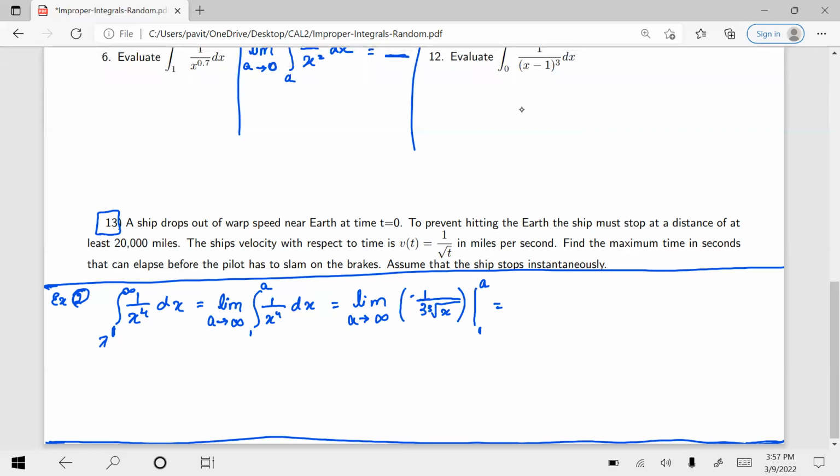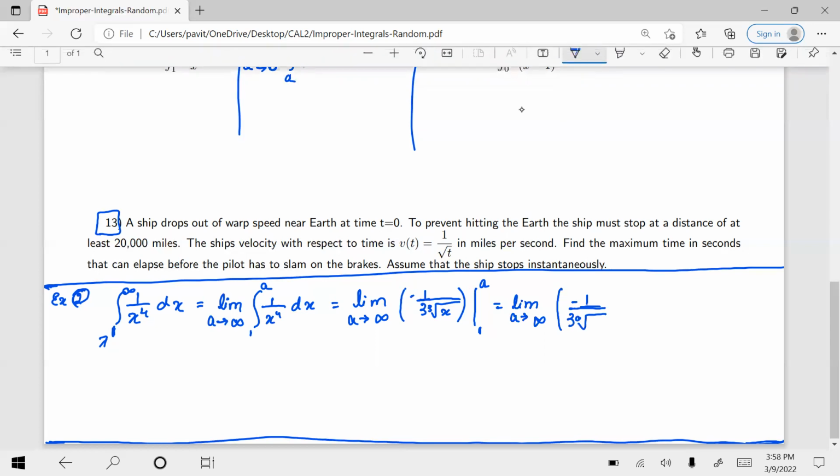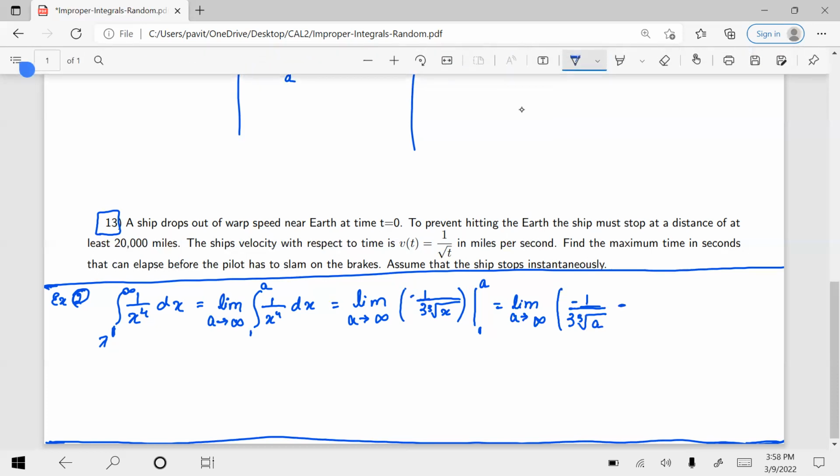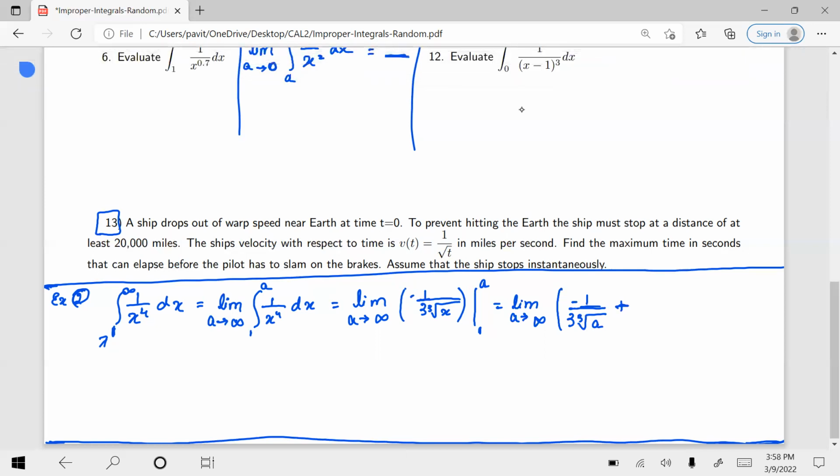Which is equal to limit a tends to infinity of negative 1 by 3 cube root of a, and this makes it positive because upper limit minus lower limit, and I have a negative here. 1 divided by 3 cube root of 1, which is 1, right?